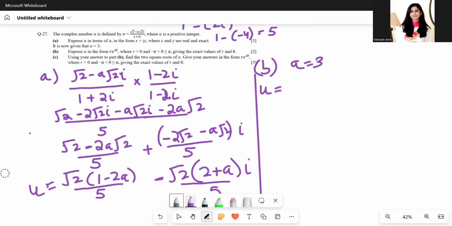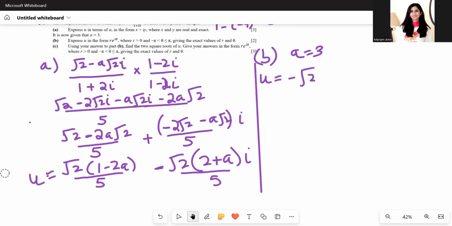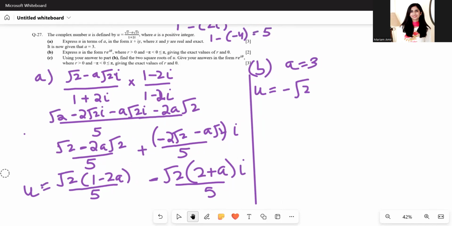So we get a minus √2. And then replace the second a with 3. So we get 3 plus 2, 5. 5 divided by 5 is 1. So again, minus √2 iota. Okay, this is the simplified u.